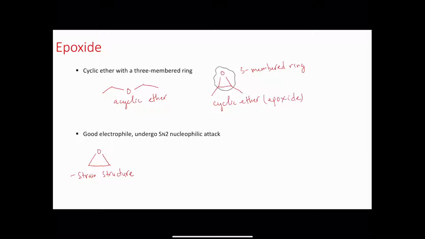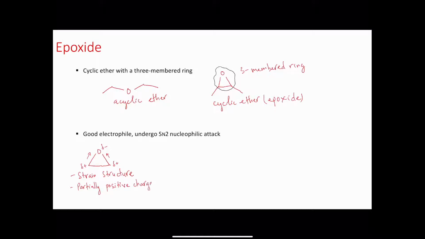Also, the oxygen is electronegative, so the oxygen is gonna withdraw the electrons toward itself, and it's gonna have a partial negative charge on oxygen, and we have partial positive charges on the two carbons.